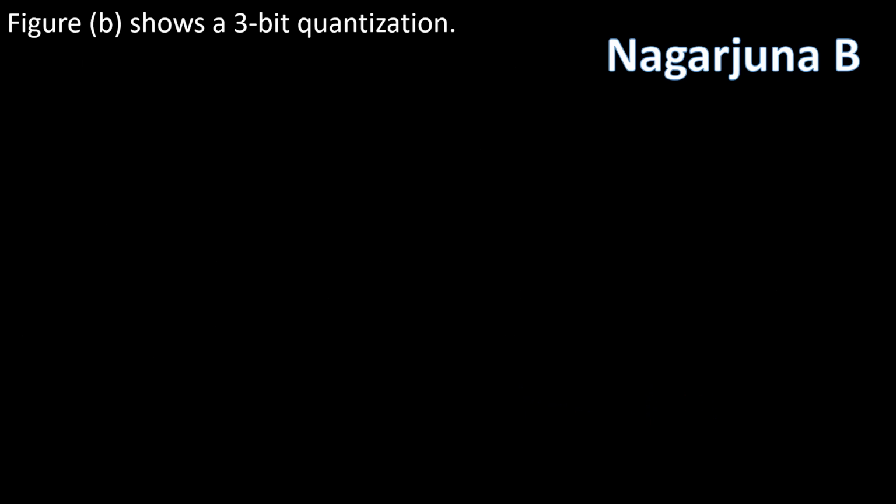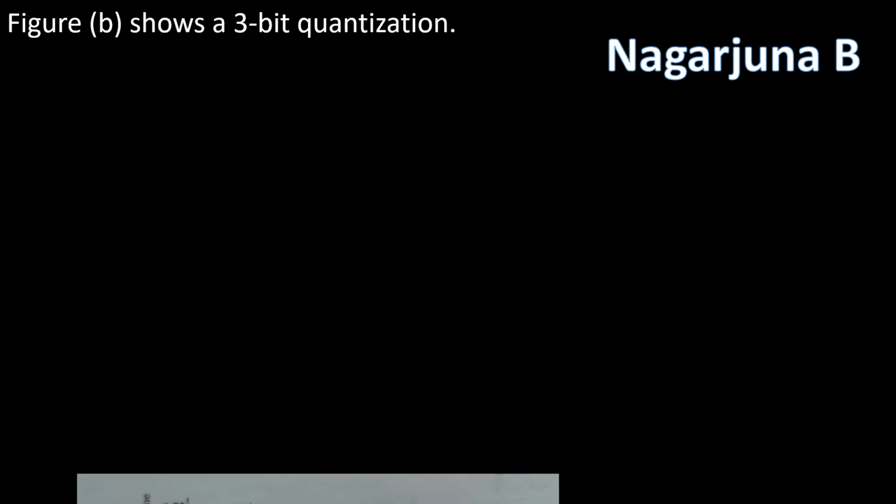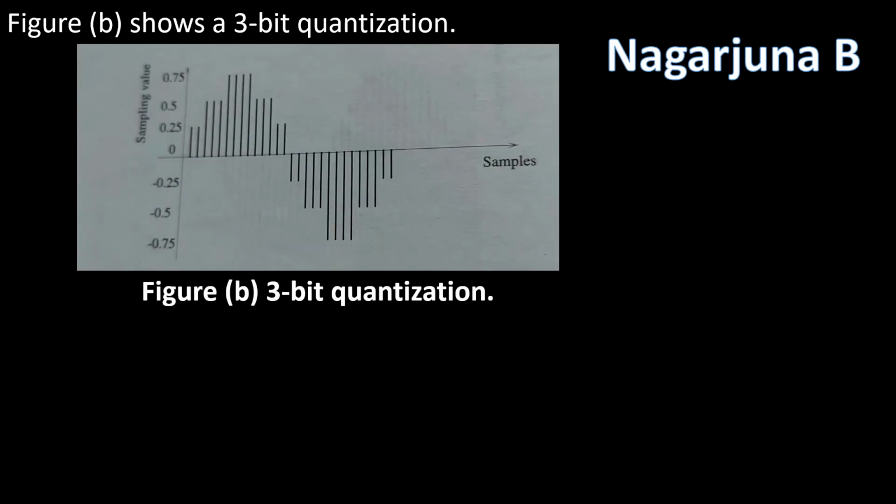Next we shall see a 3-bit quantization. The 3-bit quantization diagram is as shown here. Whatever the sampled signal is, when we perform 3-bit quantization on it, it gives the sampled values.